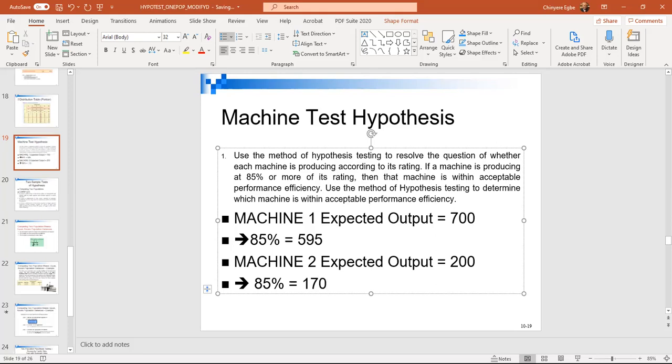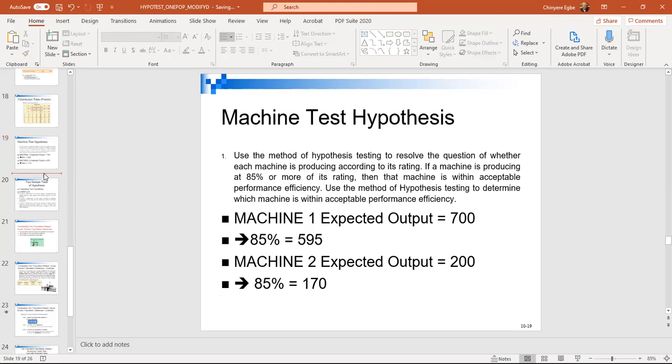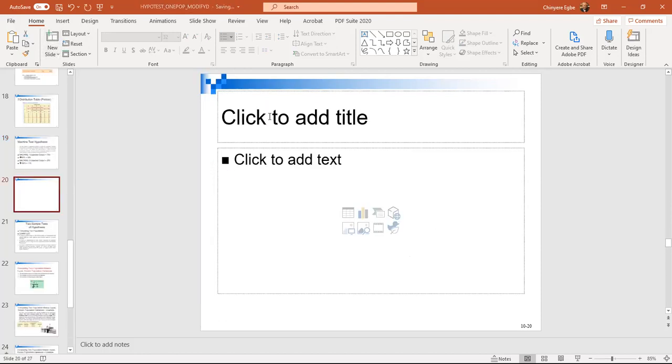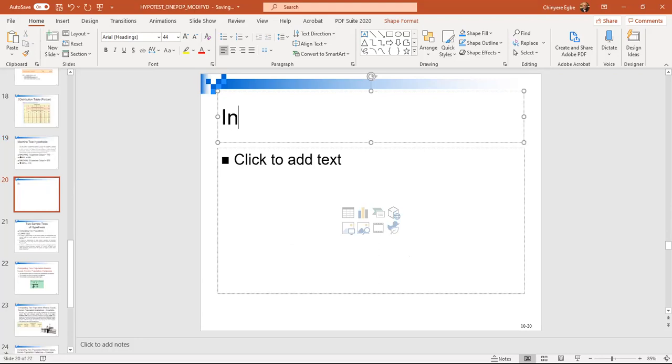So you're going to be testing for 595 for machine number one and 170 for machine number two. Okay. So what is it then that we have? What information do we have? I'm going to indicate the information we have for hypothesis testing.